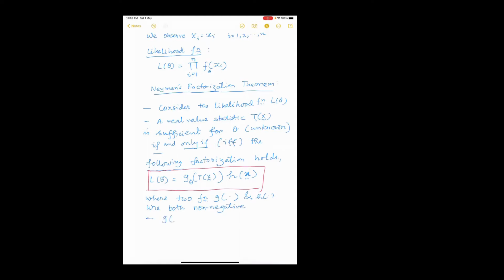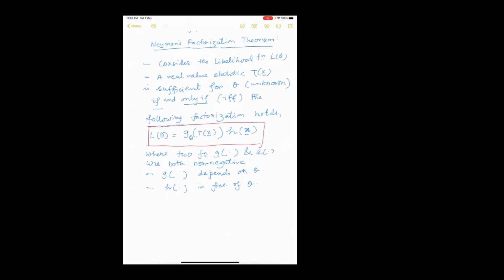G depends on theta, and H is free of theta. H will be completely free of theta and G will completely depend on theta. If that happens, then you can say T is a sufficient statistic. So this is called Neyman's factorization theorem.